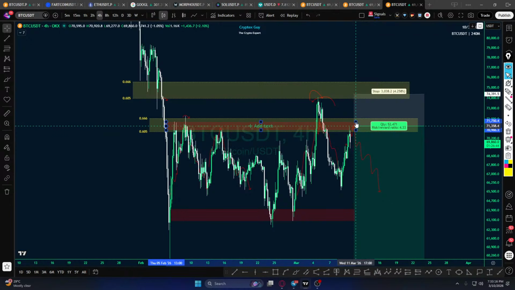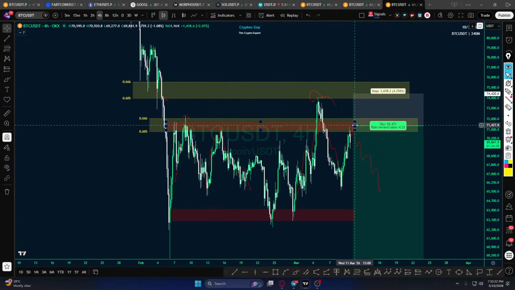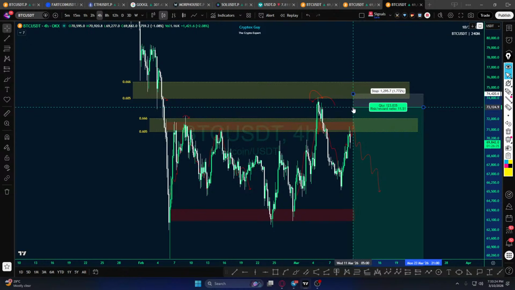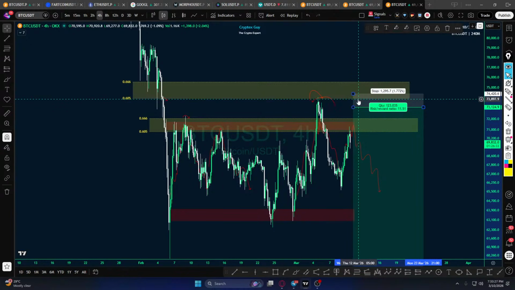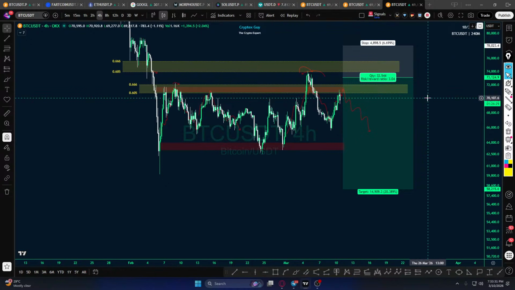You can take one entry at $71,000, and a second entry around $74,000 on this golden pocket, so your average will be around $73,000 or $72,800, and your SL can be up something like this. So you get a swing shot, depending on how you trade it. But if you are scalping, then just skip it.